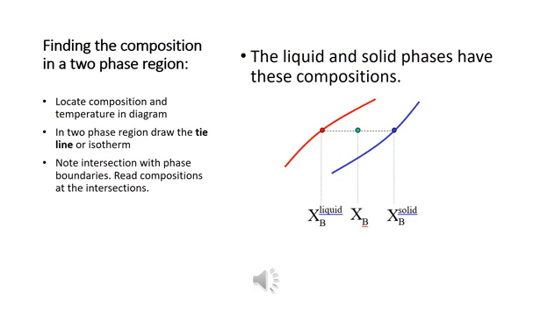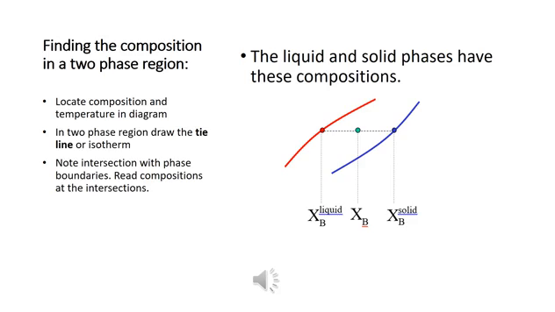This is how we determine the composition of our material. So in this case, we are looking in the region where we have both the liquid and the solid, and you want to know what's the composition of our liquid phase and the solid phase. This is done by drawing a tie line through our point, and this point is defined by temperature and also composition.